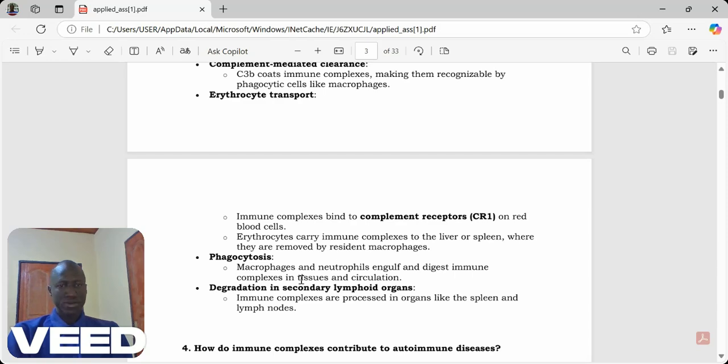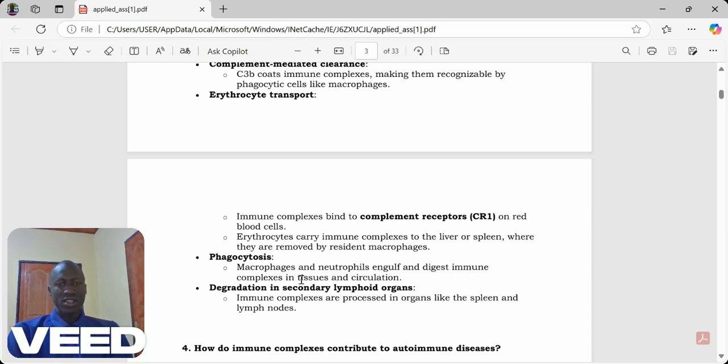Erythrocytes carry immune complexes to the liver or spleen, where they are removed by resident macrophages. Phagocytosis: macrophages and neutrophils engulf and digest immune complexes in tissue and circulation.